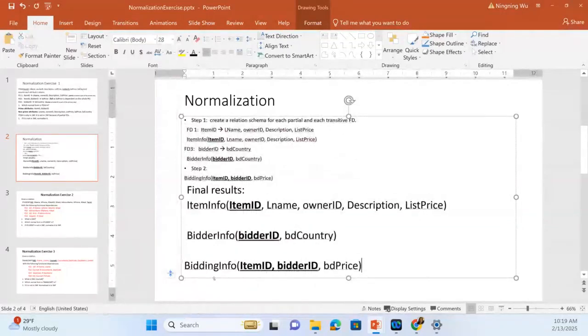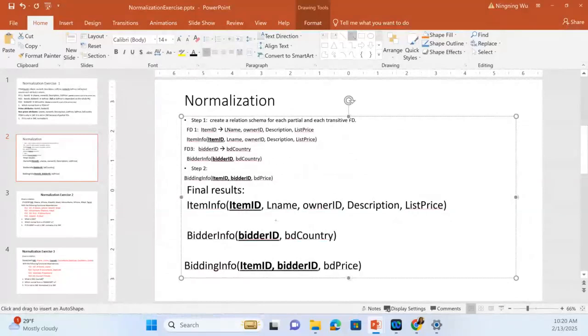Okay, now we're not done yet. We still need one last step to identify the foreign key and the reference key. Same thing, we scan each relation to see if there's any foreign key referencing the primary key of another relation, or if the relation has multiple keys, we make sure whether any foreign key references one of those keys.